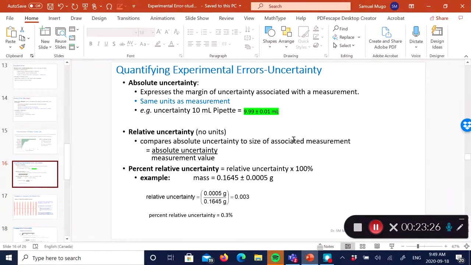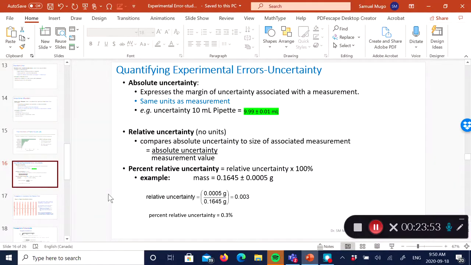Okay. Take an example given here, where you've been told that the mass weighed by an analytical balance is 0.1645, and the standard deviation, maybe the analyst analyzed it say 3, 4, 5 times, and then he got this mean, and after they did the absolute standard deviation, they got this number.